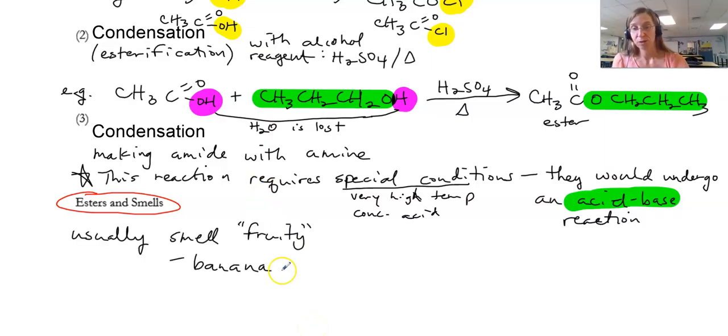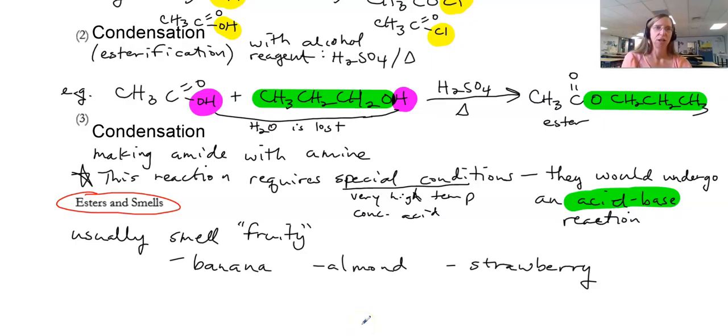I know you all know the smell of banana. Most of that smell, it's a mixture, but most of it is from an ester. Almond smell, strawberry smell, all of these, at least part of them, come from esters.